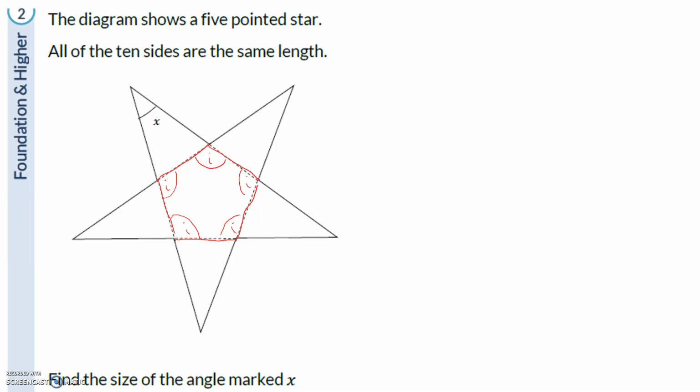Those interior angles of that pentagon are going to be the key to working this question out. So we need to find the interior angle of that regular pentagon, and there are a few ways to do that. We could use the formula: interior angle equals n minus 2 times 180, all divided by the number of sides.